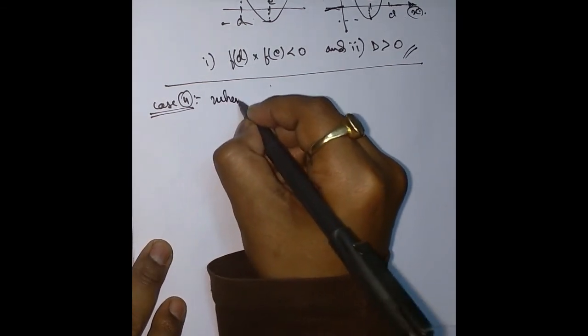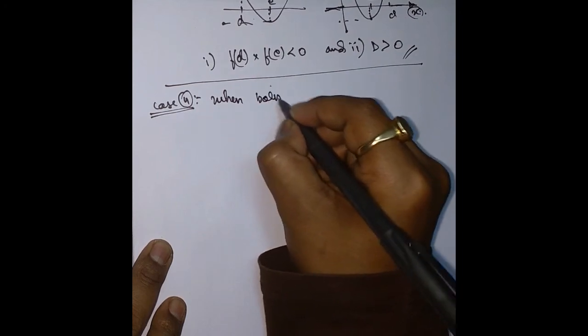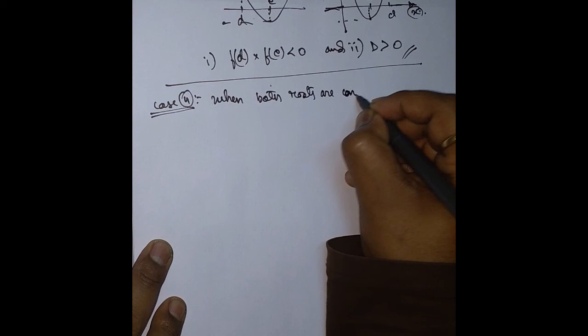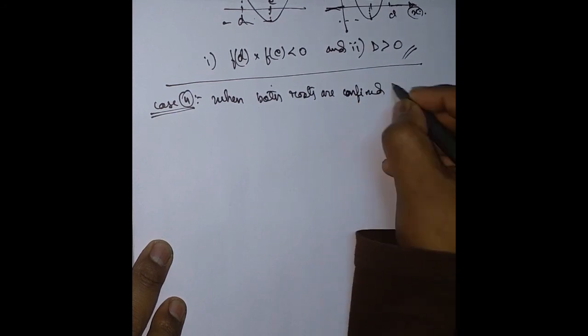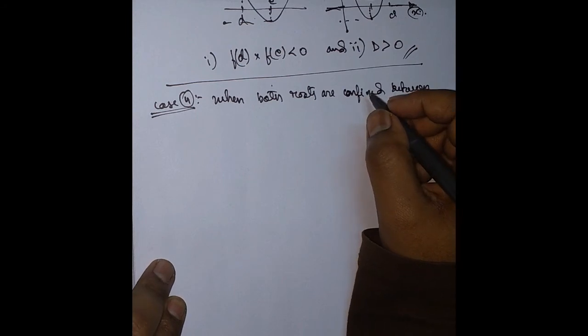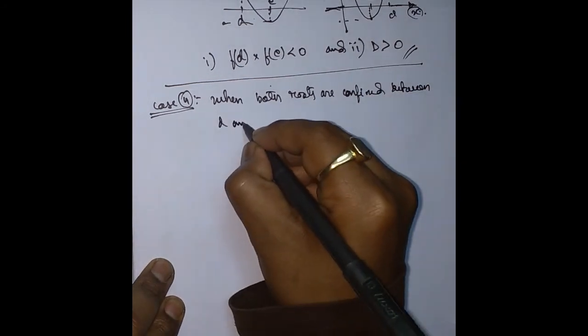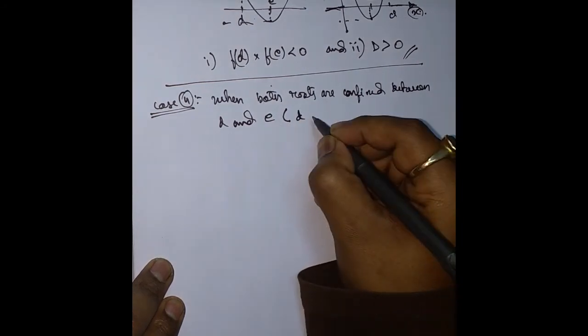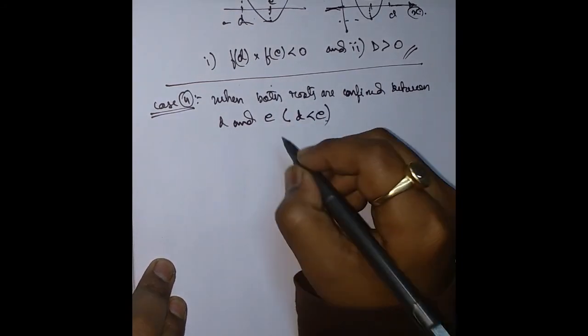When both roots are confined between d and e, and d is less than e, meaning e is greater than d.